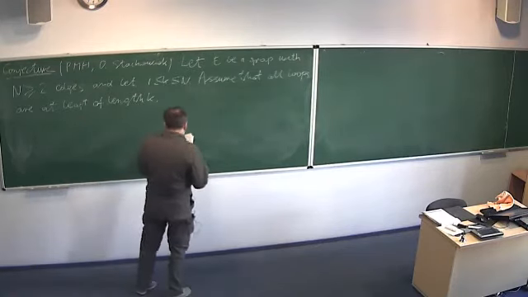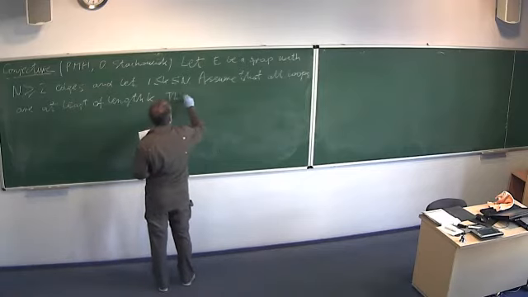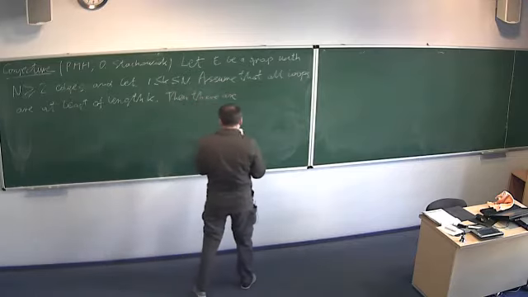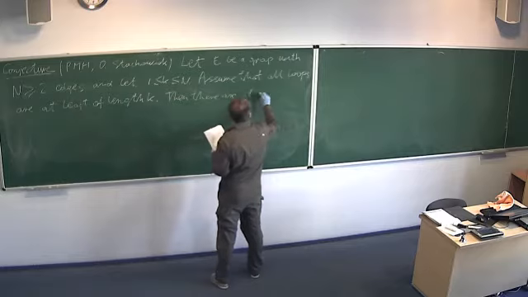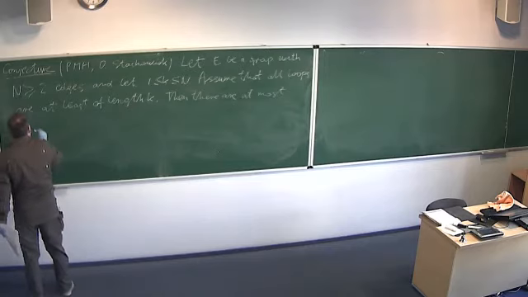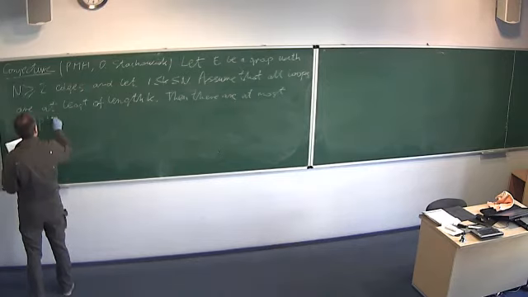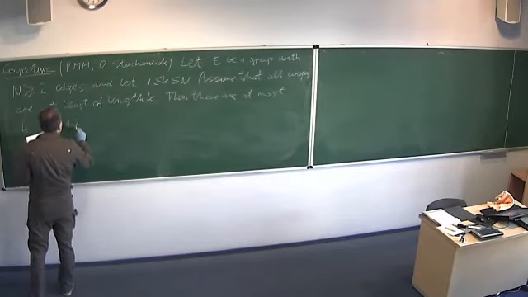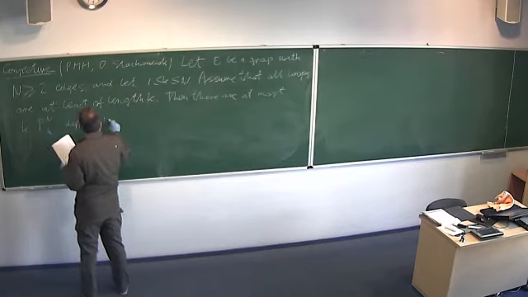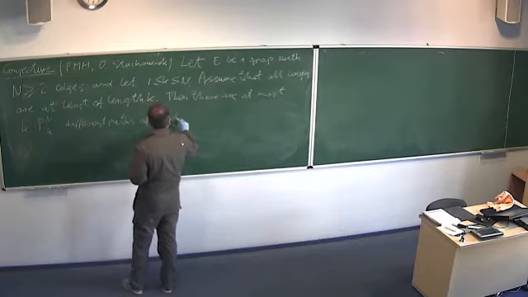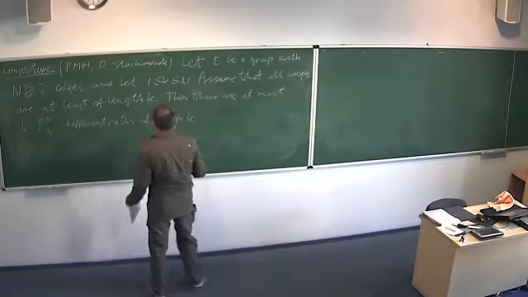And now we conjecture then there are at most k times p and k different paths of length k. And of course, the bound is optimal.